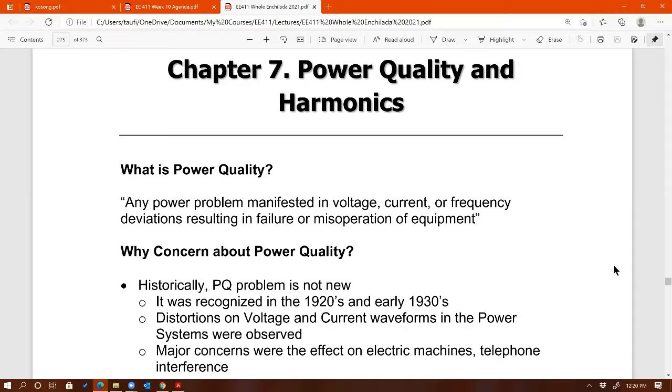So I think it'll make you more well-rounded, I guess, in terms of knowledge, students with additional background in power quality for AC power. Okay, so that's just a little bit of background on why I feel like this chapter is important for us to go over.